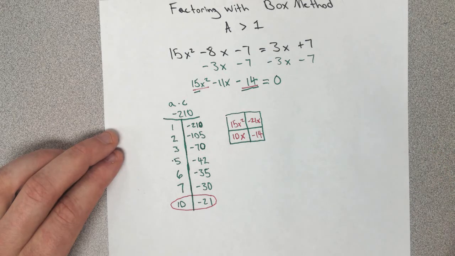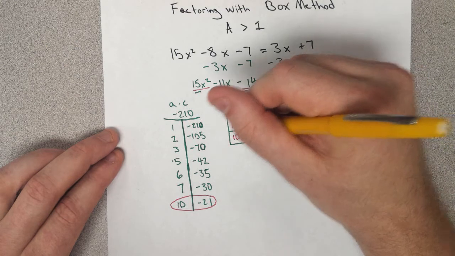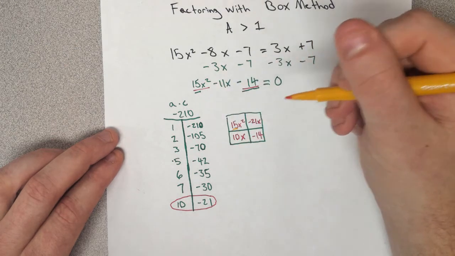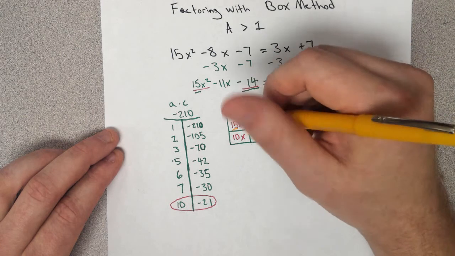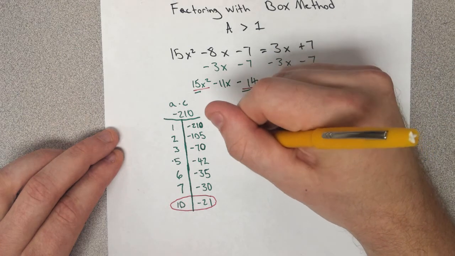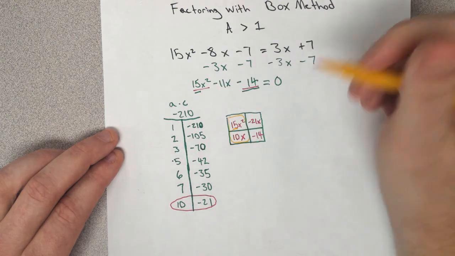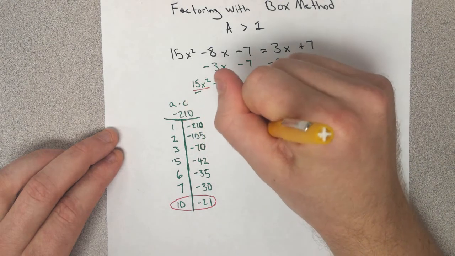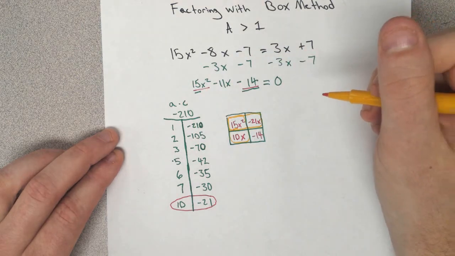Now the key is, when we have an a that's bigger than 1, we have to deal with this number here. This also has to get factored out of the box. And so that number is either going to come out of this column here, it's going to come out of this row right here, or it could potentially come out of both.